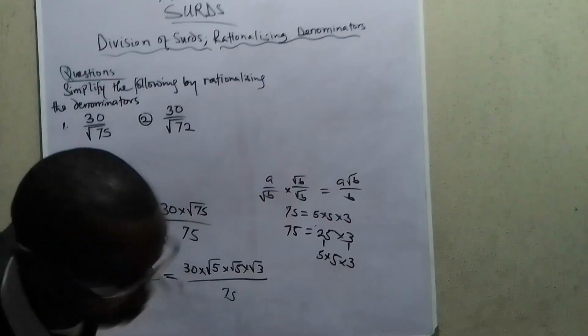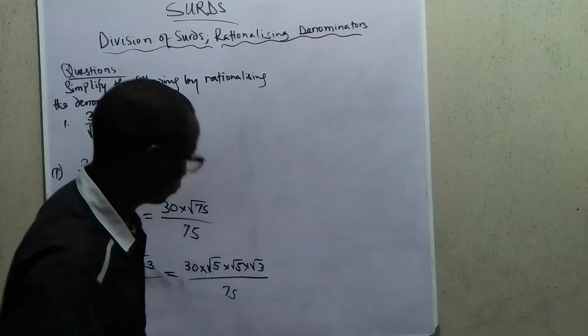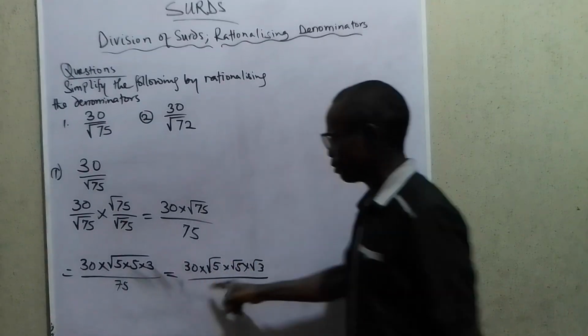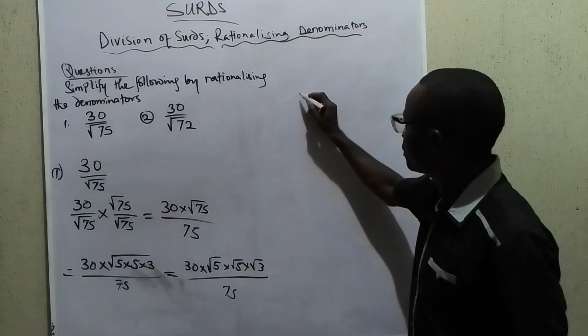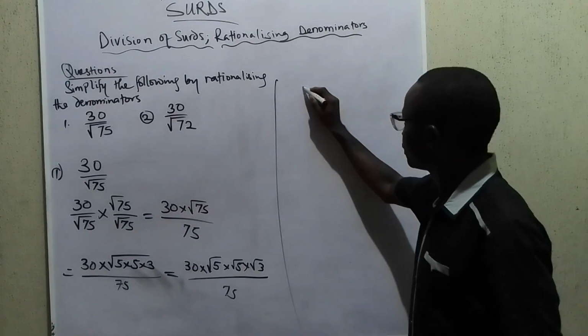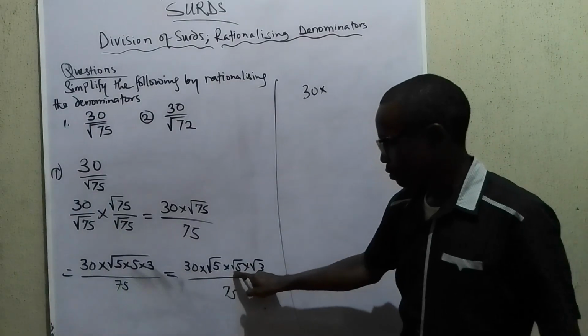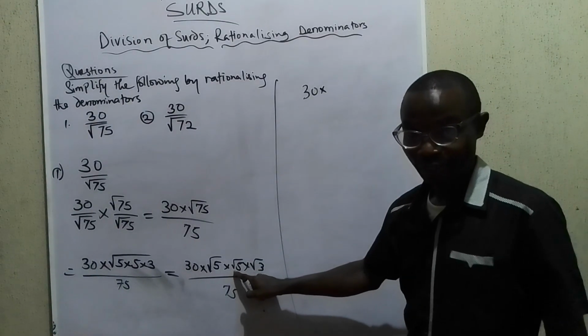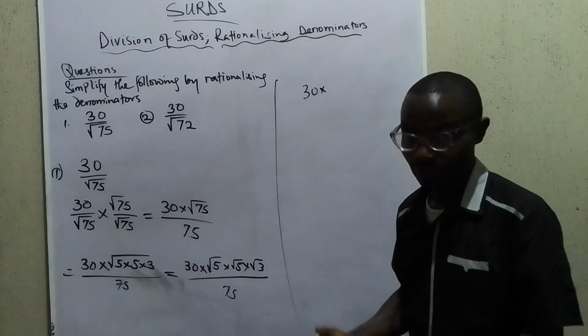Okay, let me erase this. So from here, what do we have? We have 30. Now, the square root of 5 times the square root of 5 will be 5, because 5 times 5 is 25 and the square root of 25 is 5.